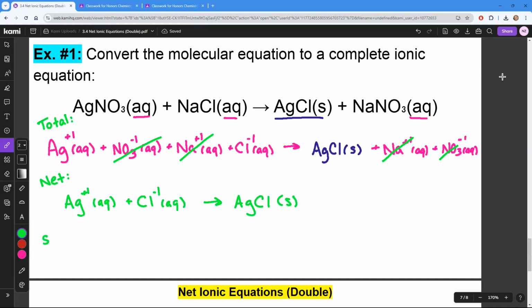Now my spectators are the ones not involved in the reaction. So that would be nitrate and sodium. That's it.